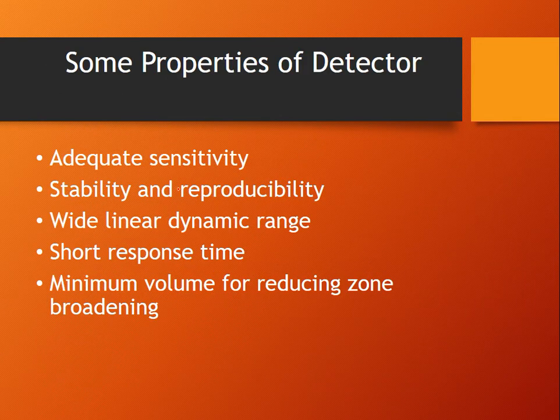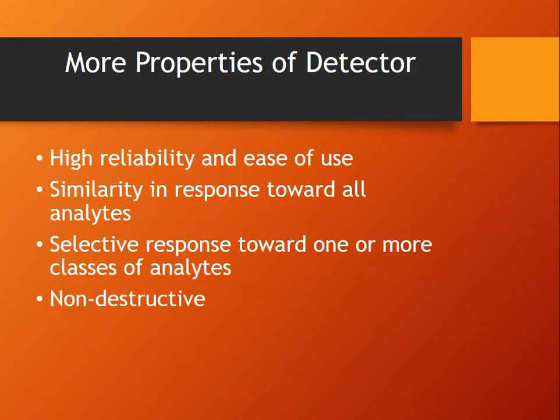Some properties of detectors are adequate sensitivity, stability and reproducibility, wide linear dynamic range, short response time, and minimum volume for reducing zone broadening. More properties of detectors: high reliability and ease of use, similarity in response toward all analytes, selective response toward one or more classes of analytes, and being non-destructive.